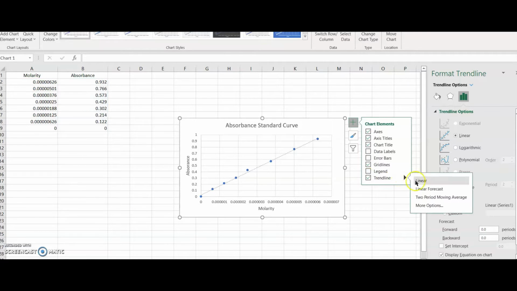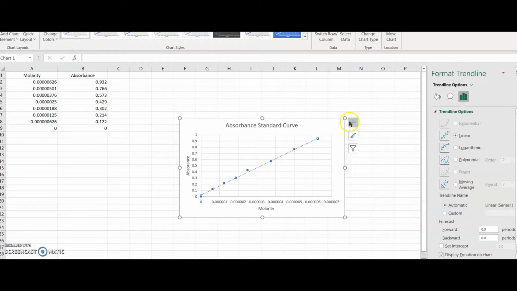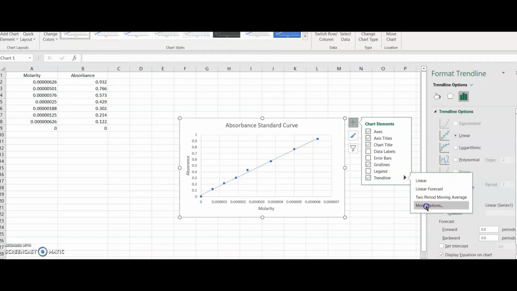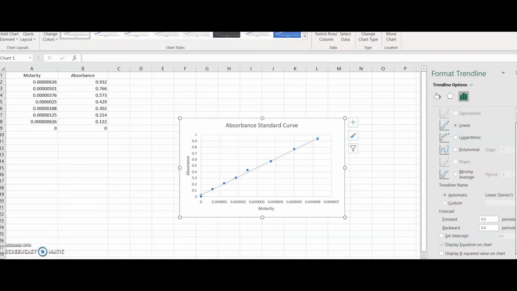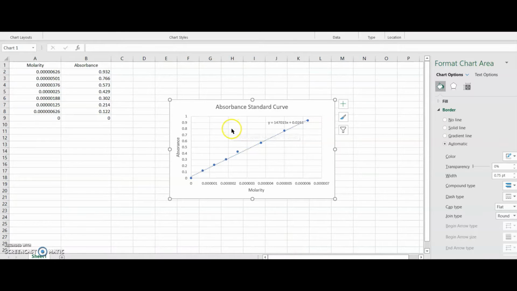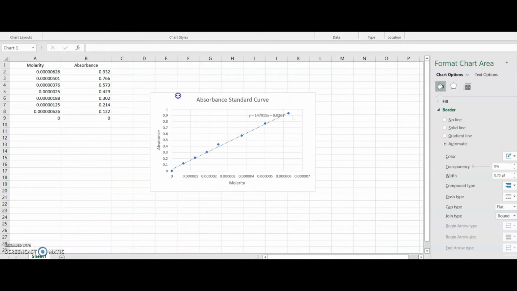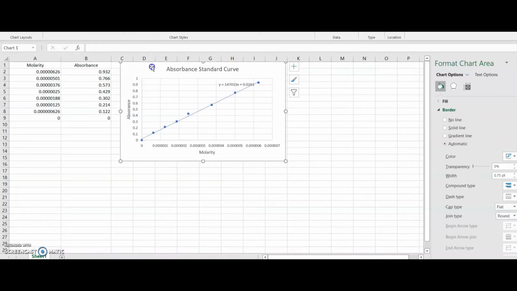And I want it to be linear. And I also want to include more options, where if I come over here to the side, I want to display the equation on the chart. And now I'm just going to drag that graph up a little bit closer to my data table.